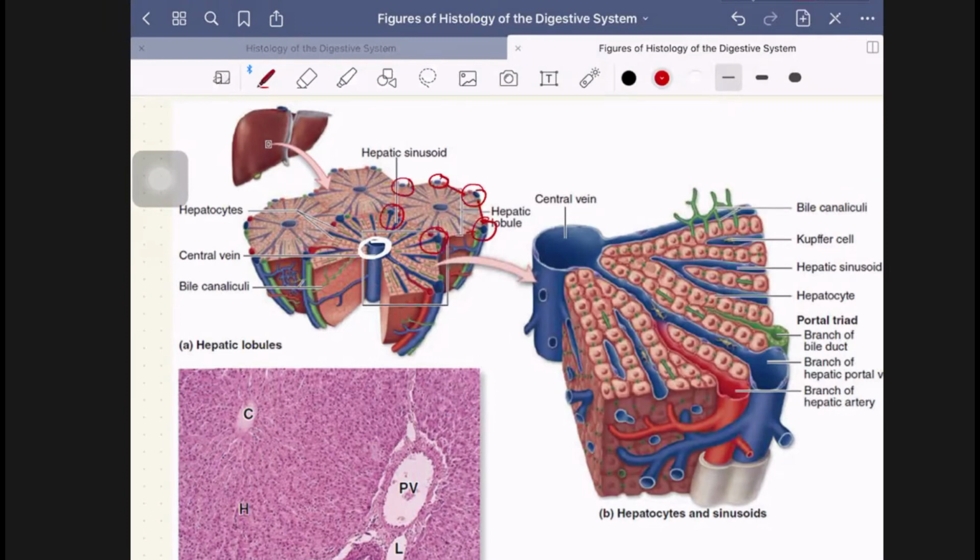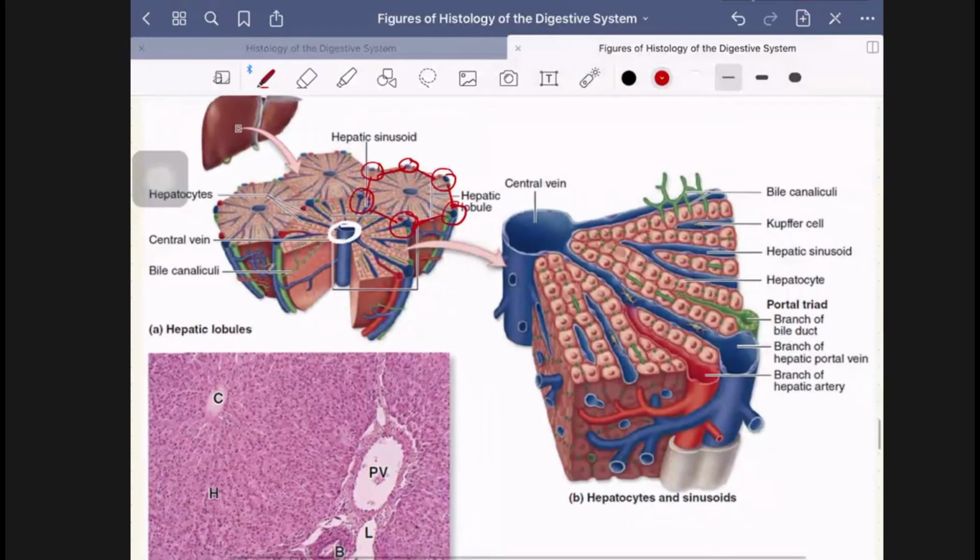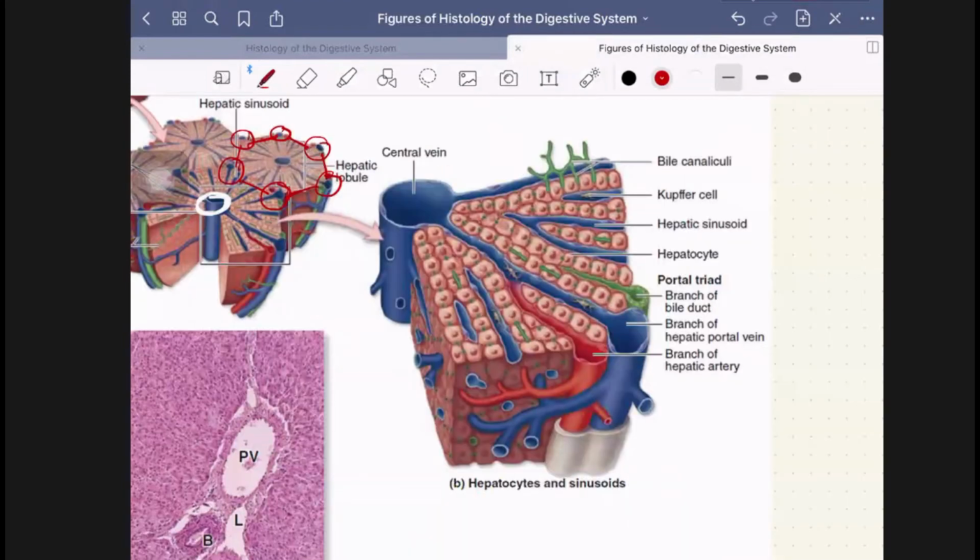This hexagonal shape structure is called the hepatic lobule. How is the portal triad formed? By the branches of the hepatic artery, portal vein, and bile duct: arteriole, portal venule, bile duct.